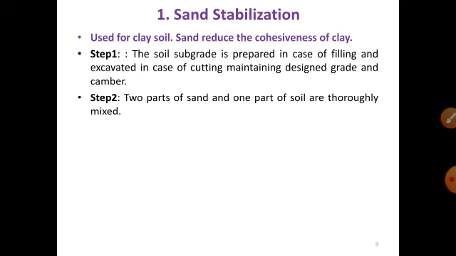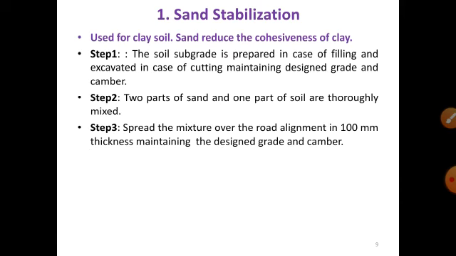Step 2. Two parts of sand and one part of soil are thoroughly mixed. Step 3. Spread the mixture over the road alignment in 100 mm thickness, maintaining the desired grade and camber.